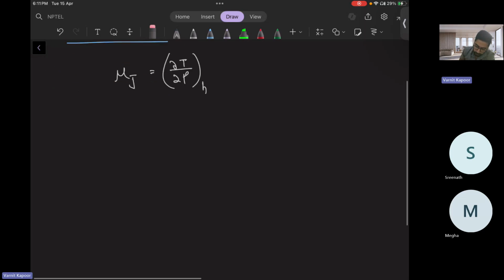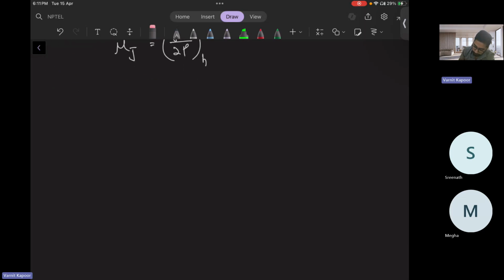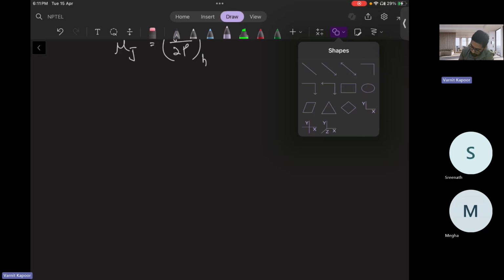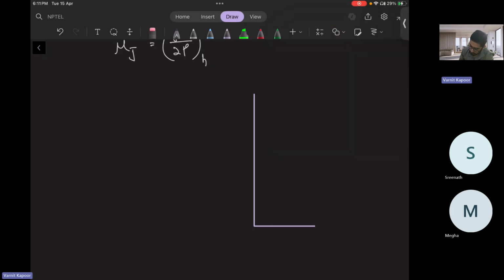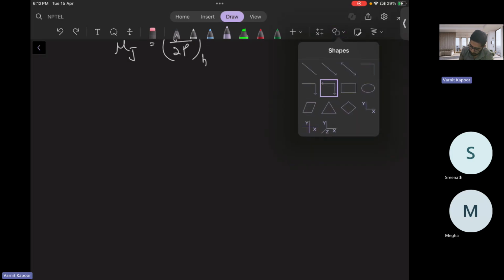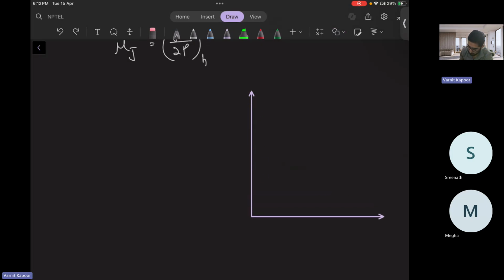So let me draw an inversion curve first of all. This is the temperature axis, this is the pressure axis. Suppose you are at a state 1, this is pressure P1, temperature T1 for you.